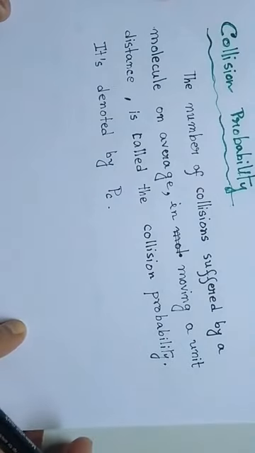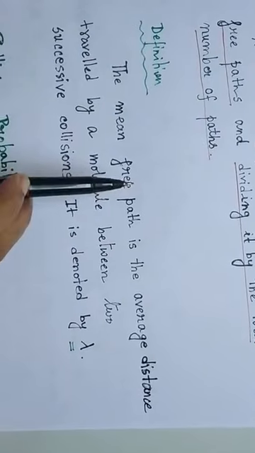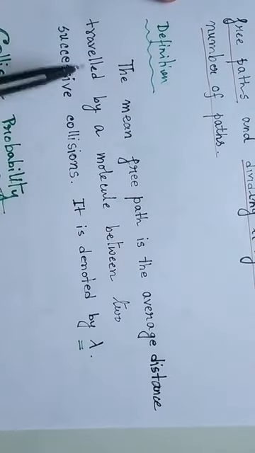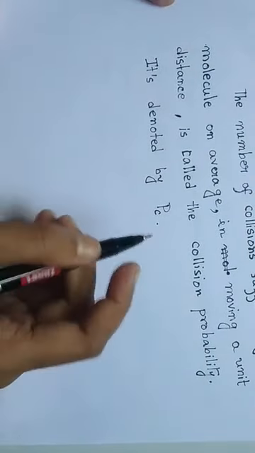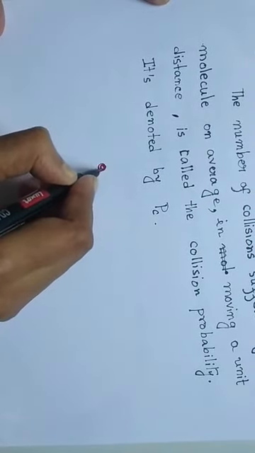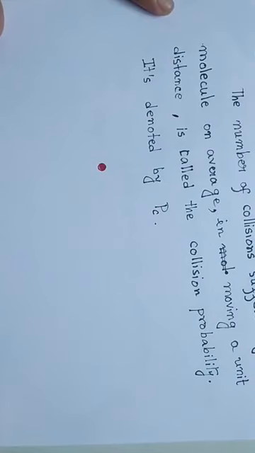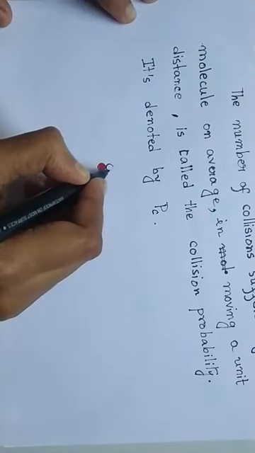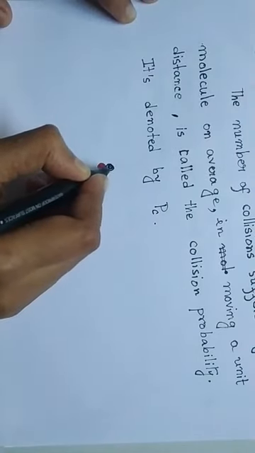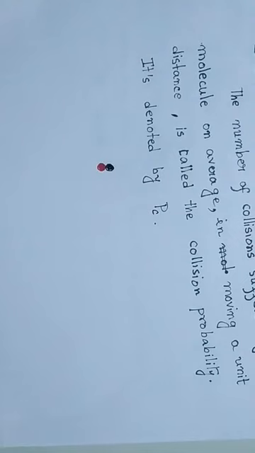We know that the mean free path is defined as the average distance travelled by a molecule between two successive collisions. Suppose there is one molecule, this one, and suppose at this point it collides with another molecule, and we are observing this red one.